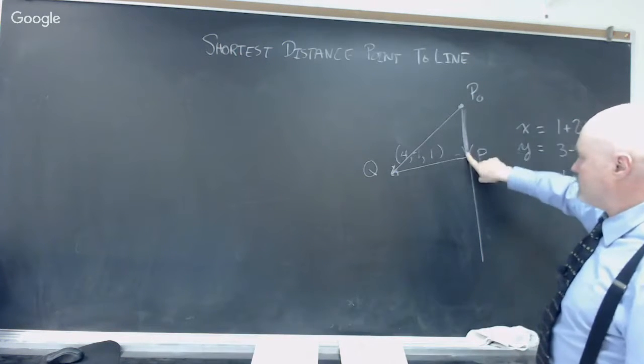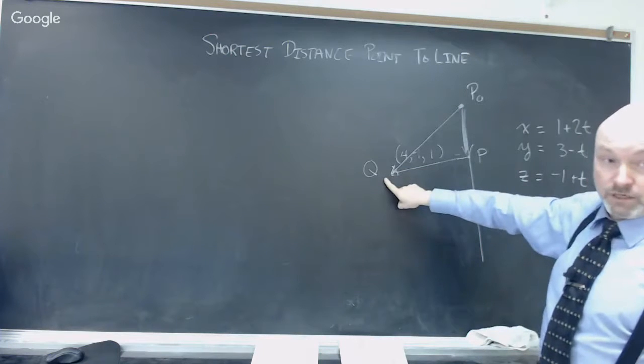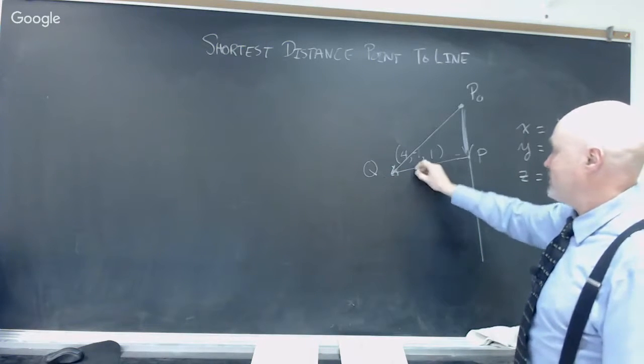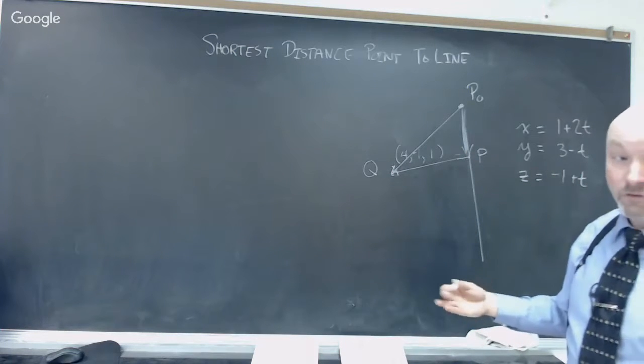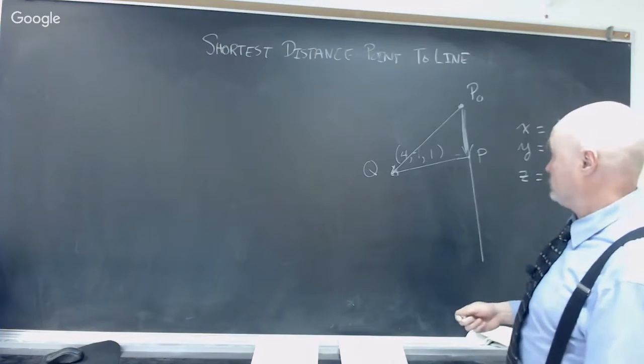I can find this length, and if I know what QP is, I can find that length, and then I can just use the Pythagorean theorem to find out what the length of the normal vector is, okay?